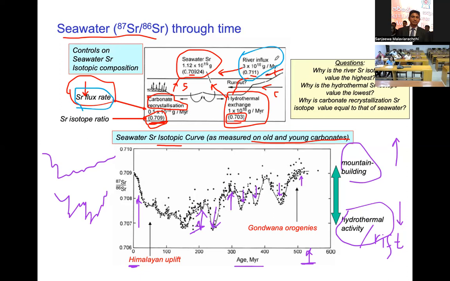Riverine input means it carries a lot of sediments. So why are a lot of sediments in the rivers? What kind of situations? When there is heavy erosion, okay? When there is heavy erosion, the river water carries a lot of broken materials, sediments, minerals, everything.